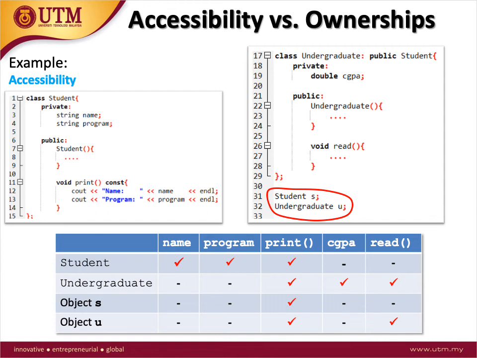For object U, the object of the Undergraduate class, it cannot access the private members name and program in the base class, but it can access the public member function print. But object U cannot access the private member CGPA, though it can access the public member function read.